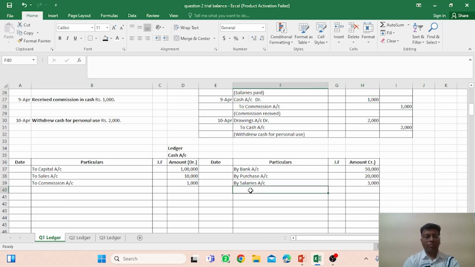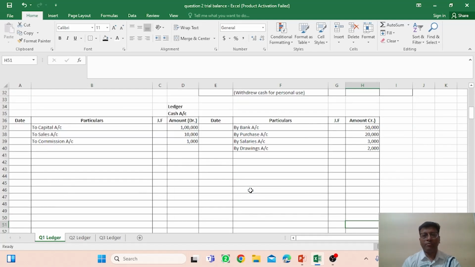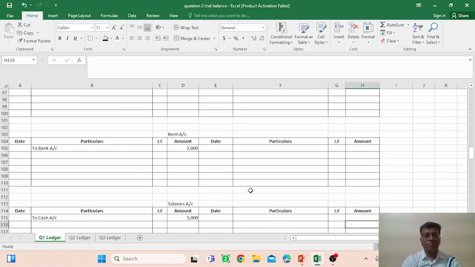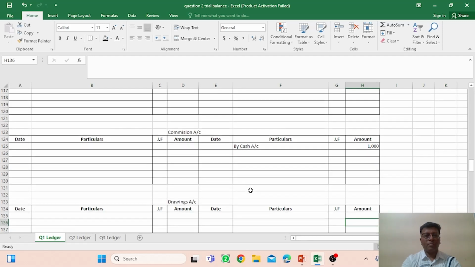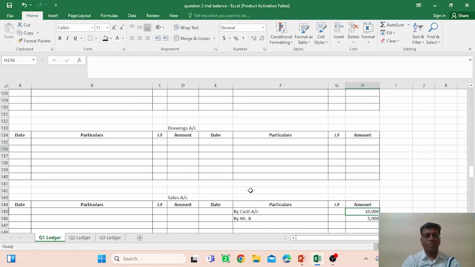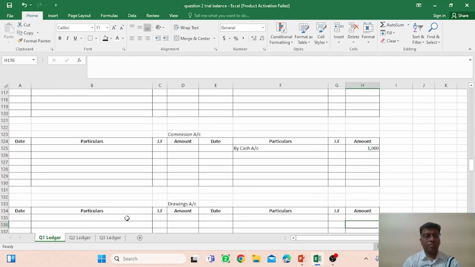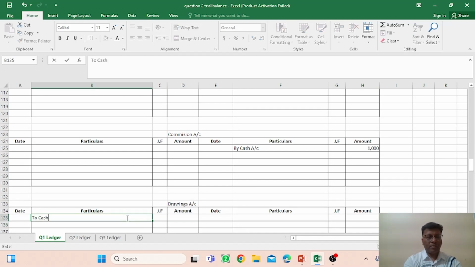So in the cash by drawings account, right, cash is reduced, so in the credit side you have to mention this particular amount with rupees 2000, and in the debit side of drawings, to cash account rupees 2000.